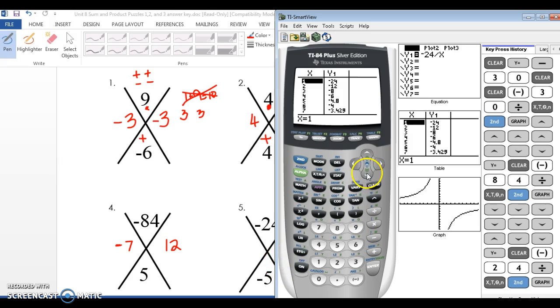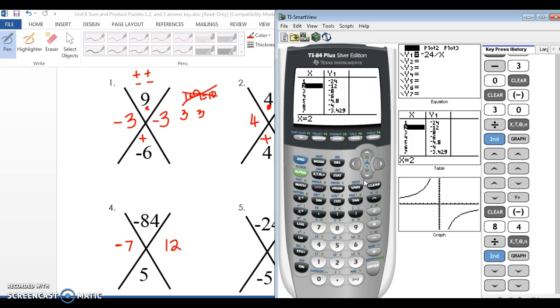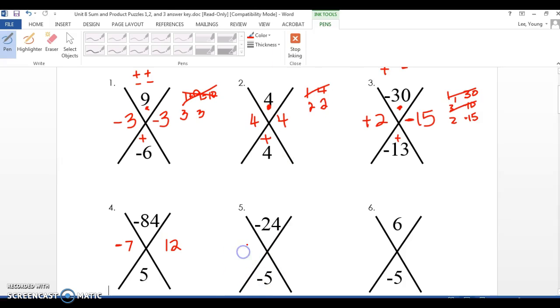So 1, negative 24, that's not even close. 2, negative 12, that's going to add up to negative 10. 3 and negative 8. Oh, 3 and negative 8, they multiply to negative 24. Do they add up to negative 5? 3 and negative 8? Perfect. That's it. So 3 and negative 8 it is. You guys understand? Okay.